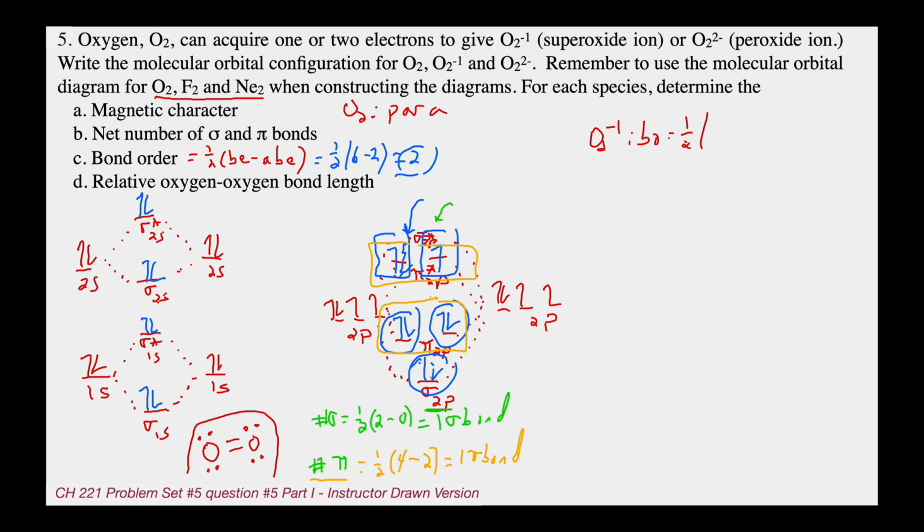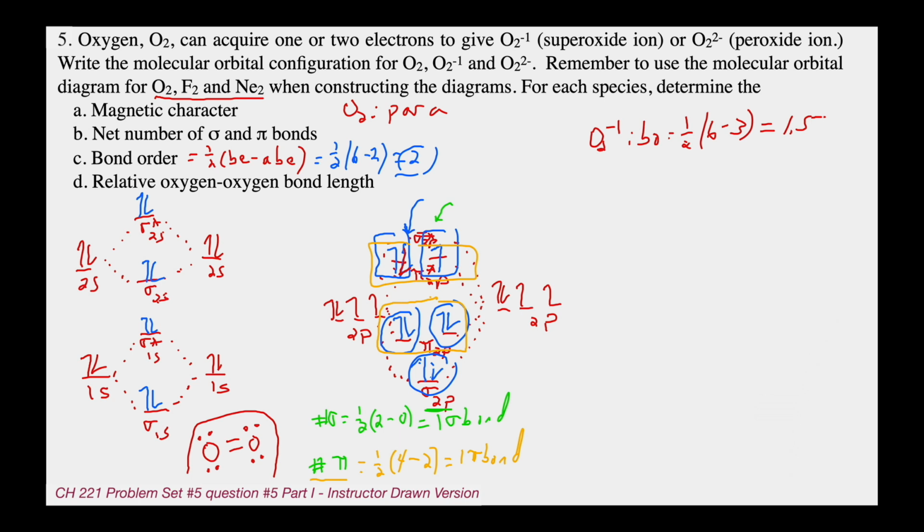I haven't changed my number of bonding electrons, but now I have 3 antibonding electrons. So the bond order of O2 -1 is 1.5. Notice how the bond order went down relative to O2. That'll be helpful here in a little bit.